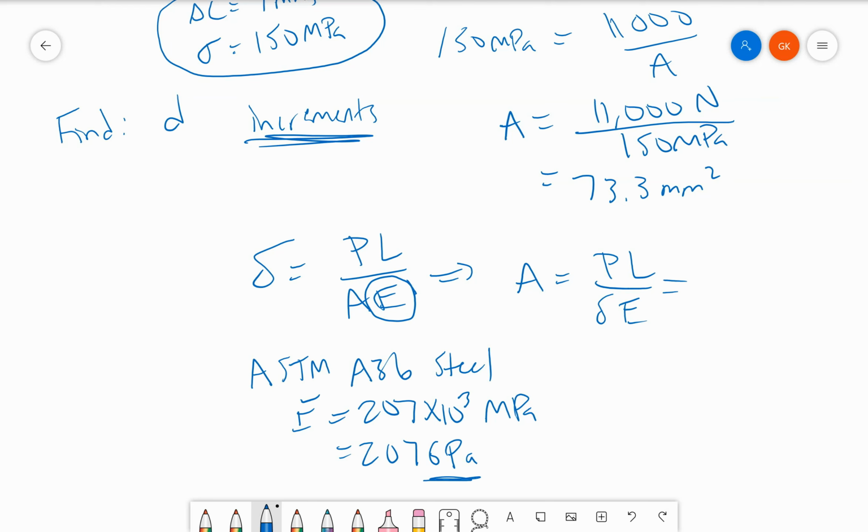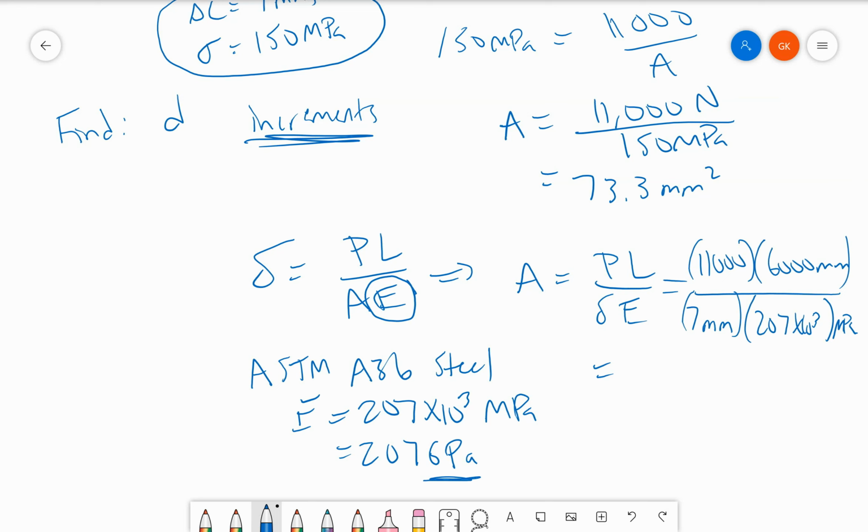So what I'm left with is 11,000 newtons times 6,000 millimeters all over 7 millimeters times 207 times 10 to the third megapascals. And that comes out to be 45.5 millimeters squared.